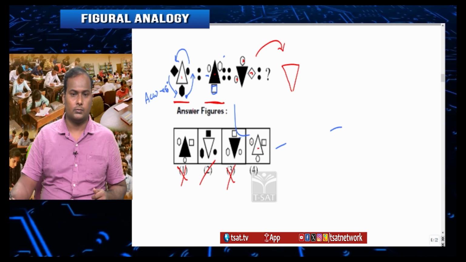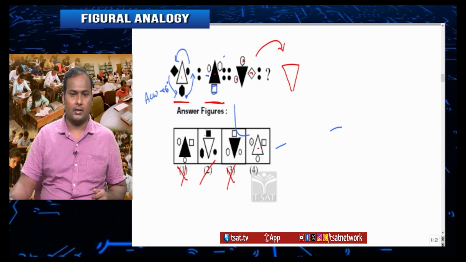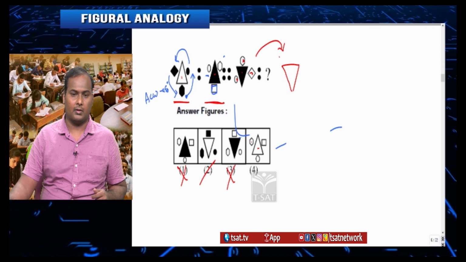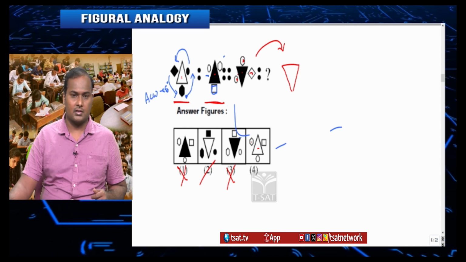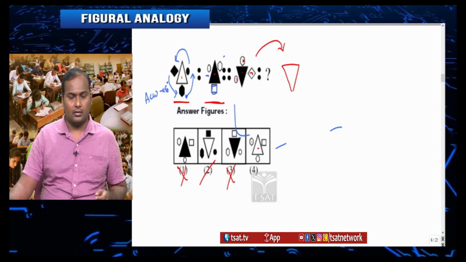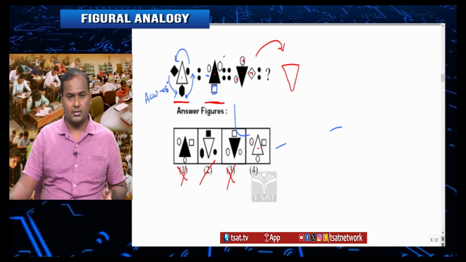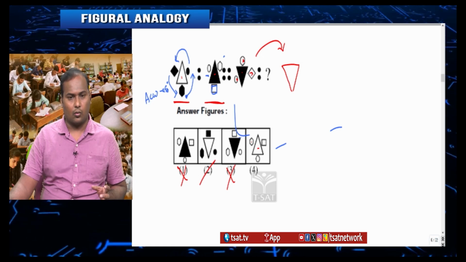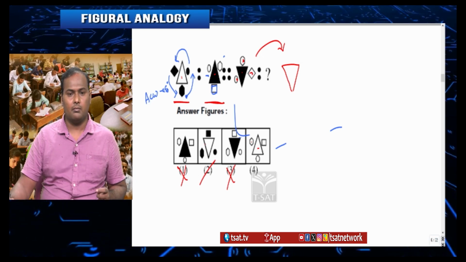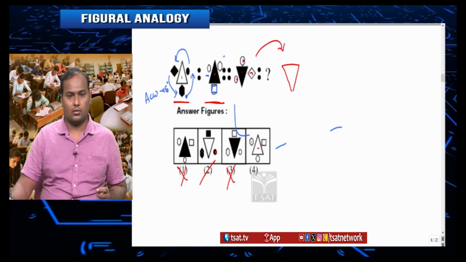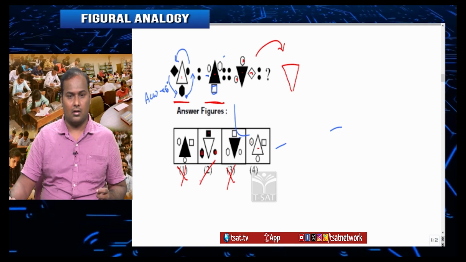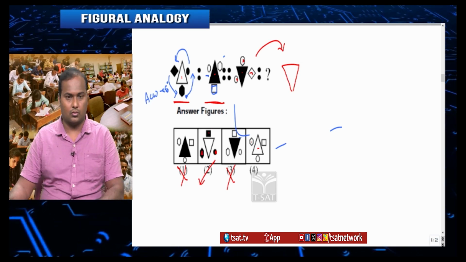Whereas in option 2, only the triangle, which was initially darker, now became lighter. Whereas the outside figures, that is a triangle, a circle, a hexagon and a quadrilateral, now became darker. So that is the reason the answer is option 2.